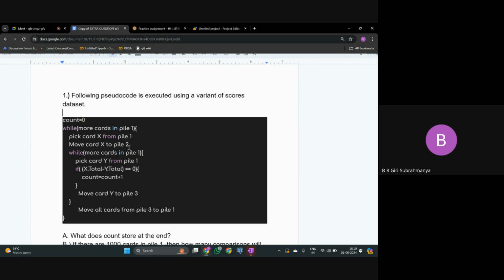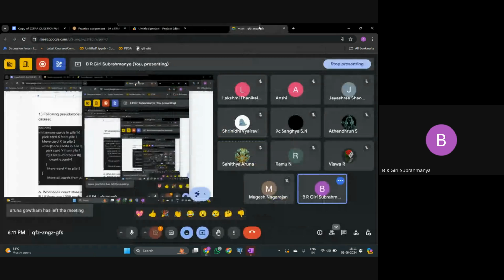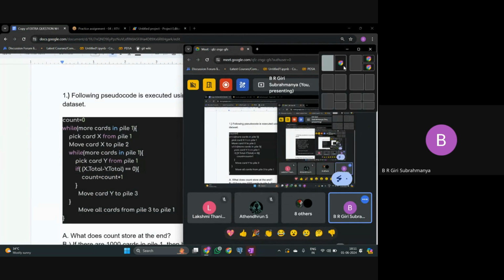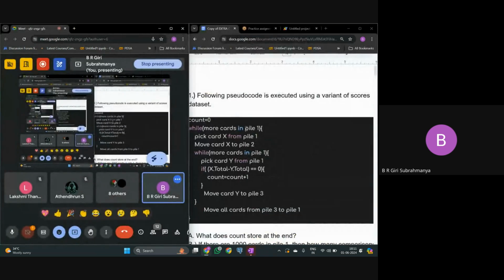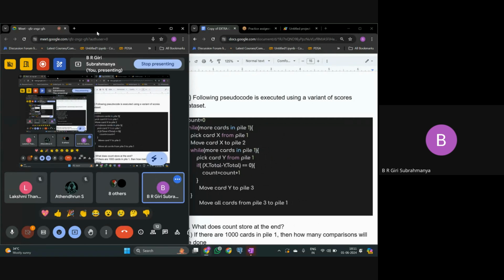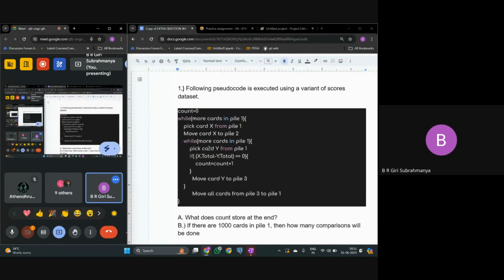Others, one person has told that it is the number of pairs of students who have got the same total, right? What about others? Do you all agree with this?